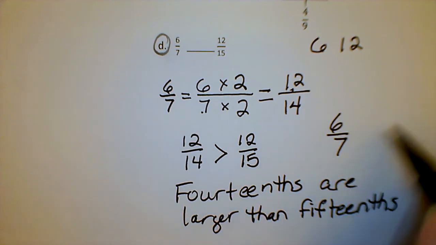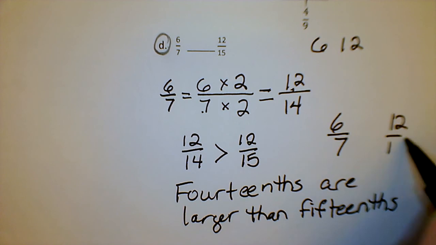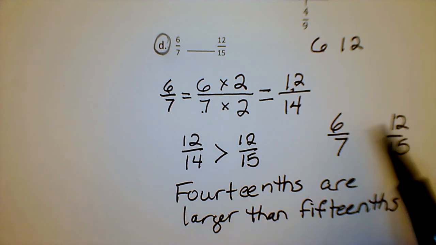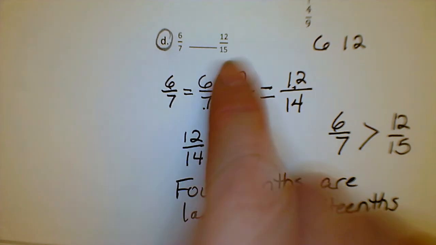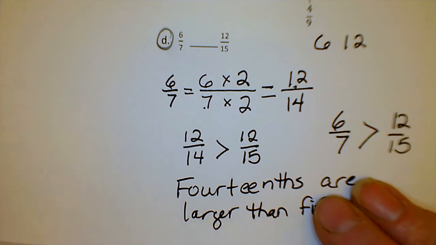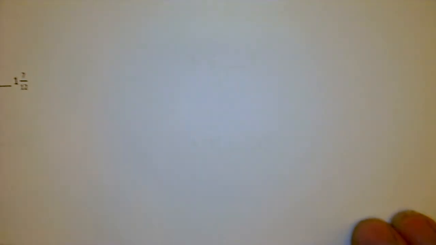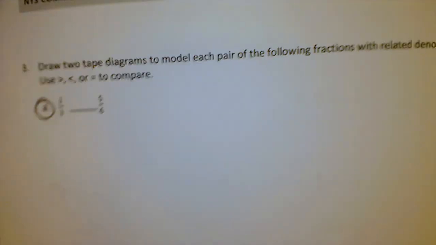So I could write the 6/7 and compare it with the 12/15 again, and the 12/15 was smaller, so write it again that way. All right, so again for that one, we found that 6 and 12 were related numbers. Okay, so let's move on, and you'll be able to do C on your own, and I'm going to make sure I jot down the change that I made before I post it for you guys.